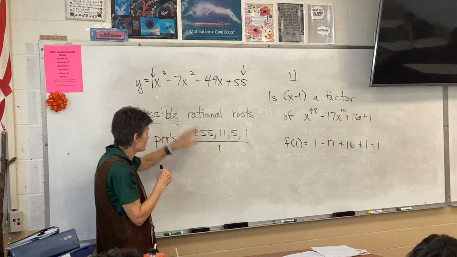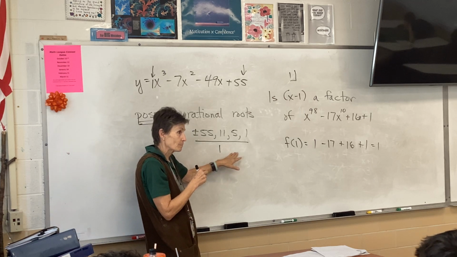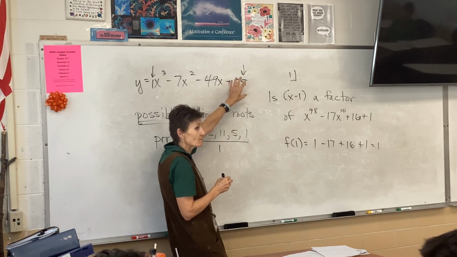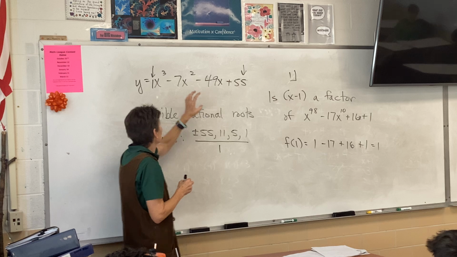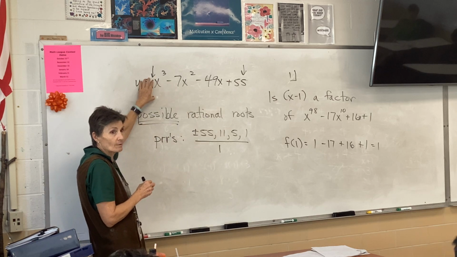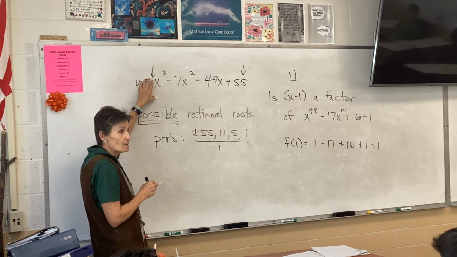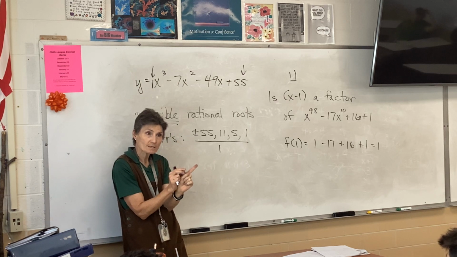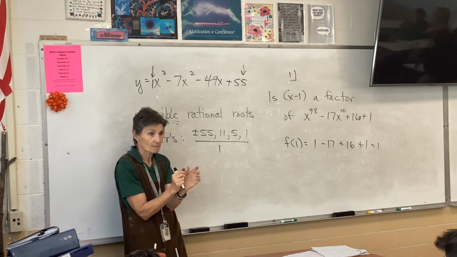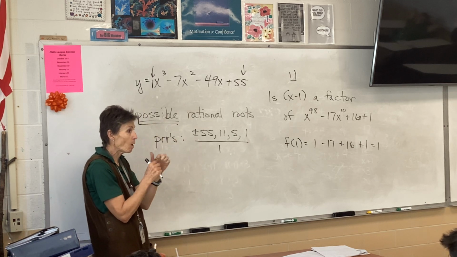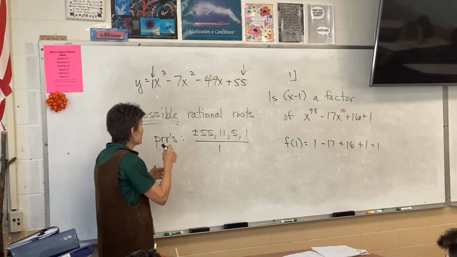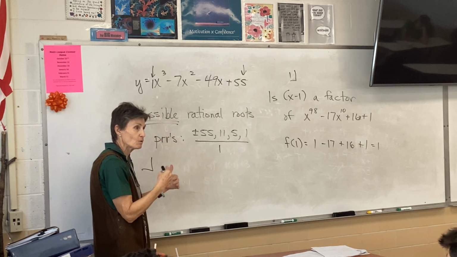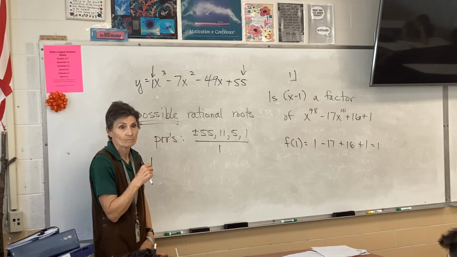If it were 2, then you would have 2 and 1 down here. If it were 6, you would have 6, 3, 2, and 1 down here. So it's factors of that number over factors of this number. That's it, kids. So a minute ago, we had infinitely many options, now we have 8. 8 options. And your job is to guess one and either plug it in or divide. I don't care, do whatever's easiest for you, and you gotta get a 0.